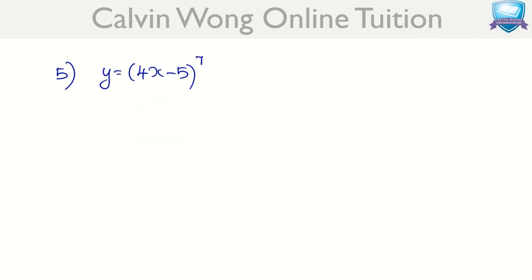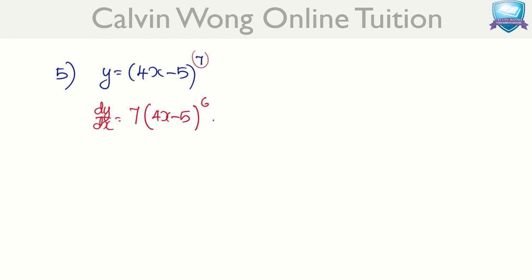Next, number 5. Let's look at this question. Now, this one we cannot expand. If we cannot expand, we need to use this technique. For dy/dx, we call it group differentiation. Group differentiation: the power, again, bring it down, becomes 6.